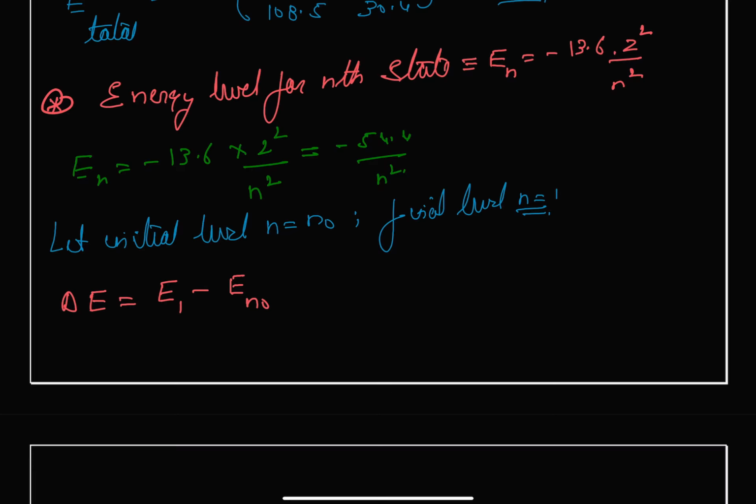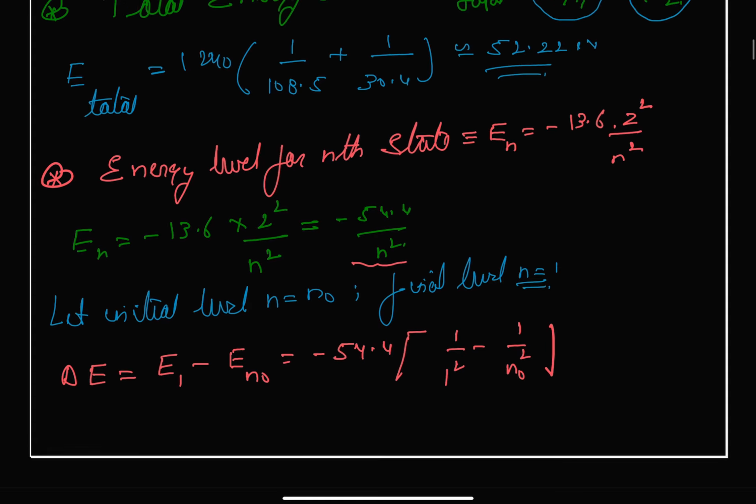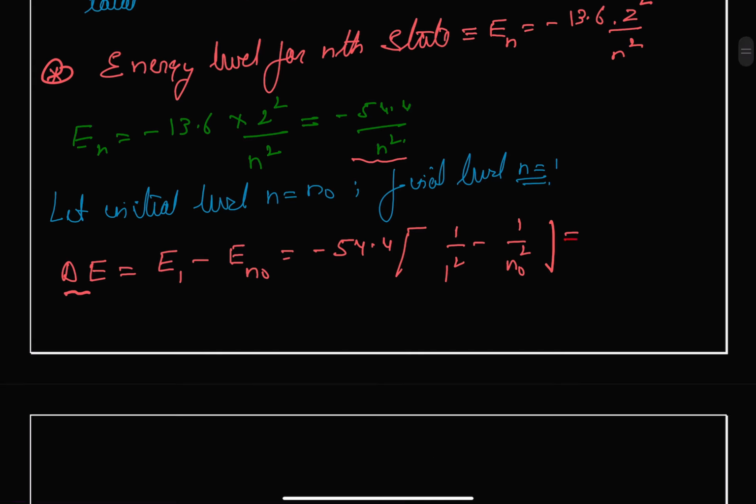And we already found out the formula for E of n, so we can take this minus 54.4 as common, so this becomes 1 upon 1 square minus 1 upon n naught square, and this delta E will be nothing but our E total, so this will be equal to 52.22 electron volt.